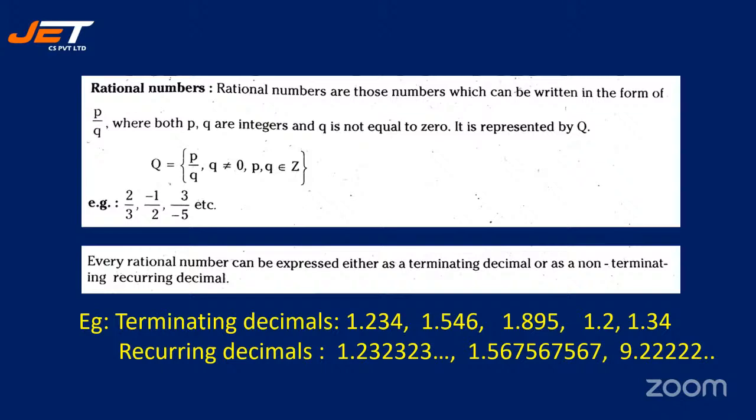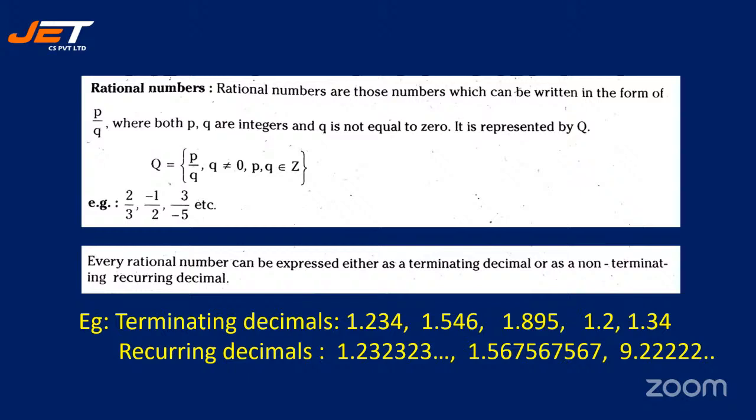What do you mean by terminating decimal? See here, the examples given: 1.234, 1.546, which means after the decimal, either after 2 or 3 places, the decimal gets over, which means it is not an ongoing one.